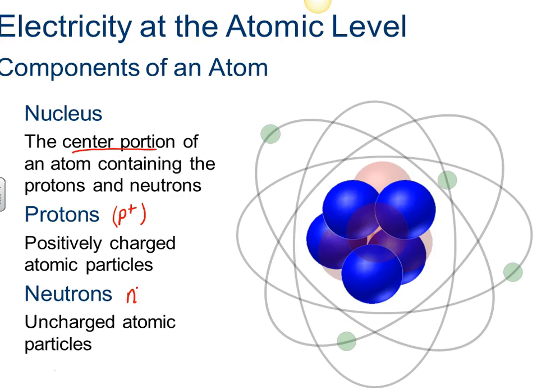I usually use the symbol N with a 0 for the neutron. But both of these are packed into a very tight nucleus. This atom that's shown over here is not really to scale. The nucleus, for an atom this large, is barely visible in the center, occupying a very small amount of space.